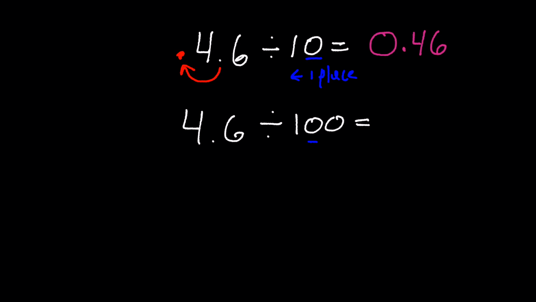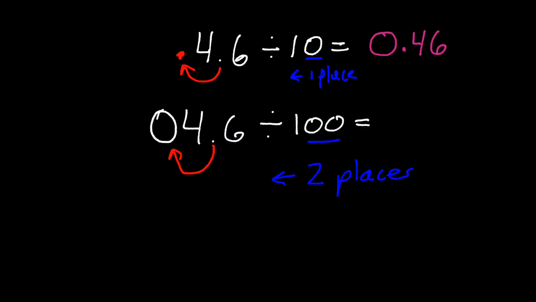But now look at the next part. If we divide it by 100, we have 2 zeros. So we're going to move that decimal 2 places to the left. And look what happens when we try that. I move it one place, and we get in front of the 4. But I don't have another digit to jump. This is empty over here. So whenever it's empty, we can put a 0 in front of it.